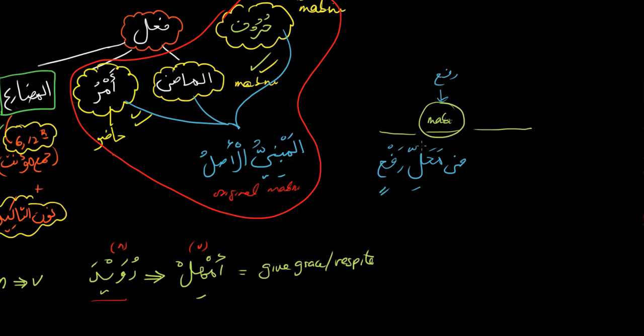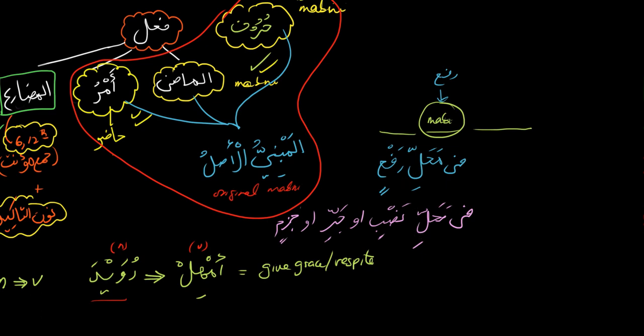And if it comes in a position where it's supposed to be nasab or jar or jazm, you say similarly fi mahalli nasbin, or jarrin, or jazmin, right? So it won't change form, but you say it's in the condition. So it's in the place of a rafa, in the place of a nasab, in the place of a jar or jazm. That's how you say that.